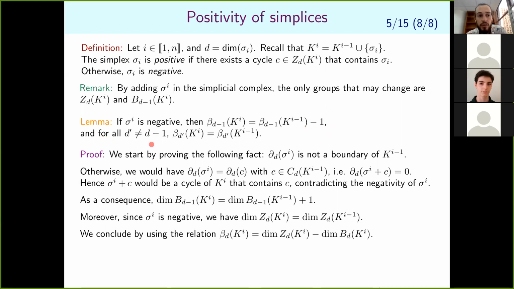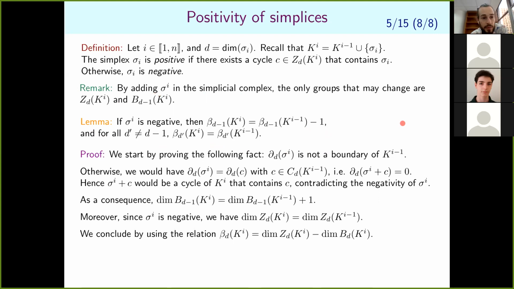And all the other Betti numbers remain the same. In other words, when I add a negative simplex in my simplicial complex, I destroy a homology class of dimension 1 lower.